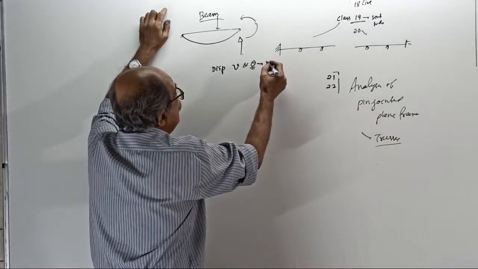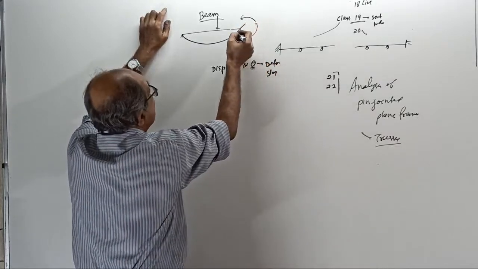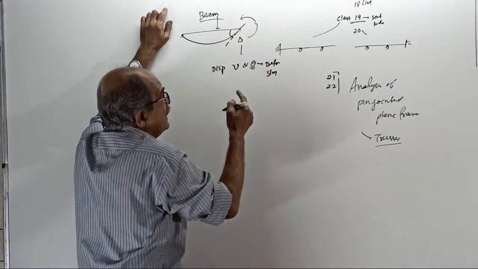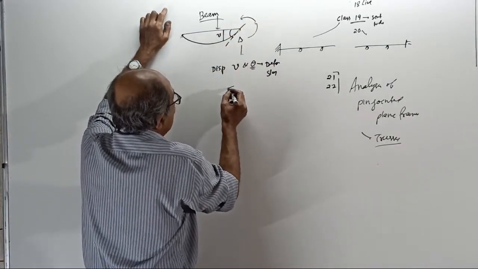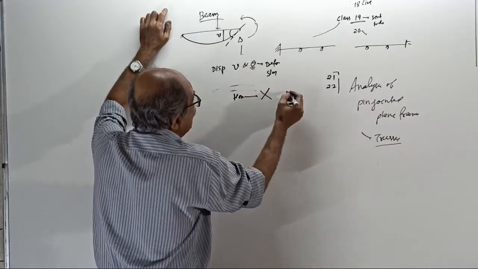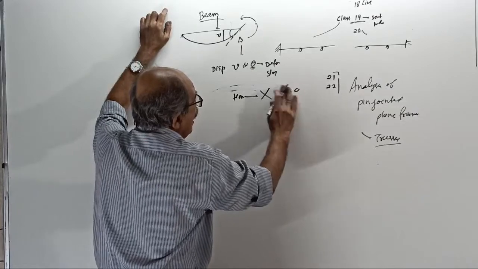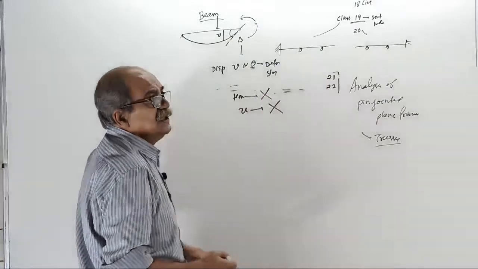Theta is deformation, the slope, the tangent to the elastic curve. This is vertical displacement. Horizontal forces you are not considering. u is not considered for beams.